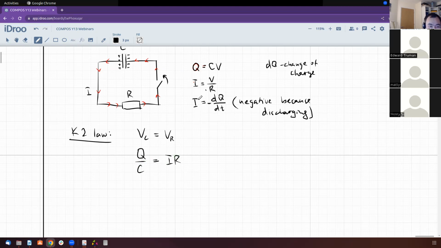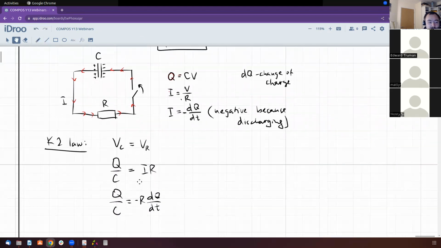But we've already established that I is dq over dt. So Q over C is equal to minus R dq over dt. Okay, everyone on board so far? All I have written here is that voltage in parallel is the same. From 0 to 10, please, in the chat: are you on board with everything so far?